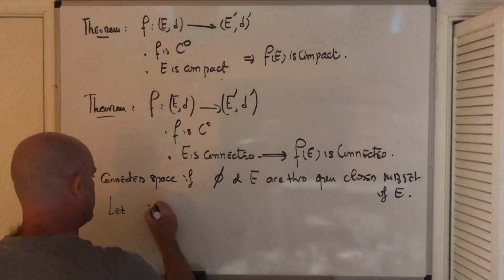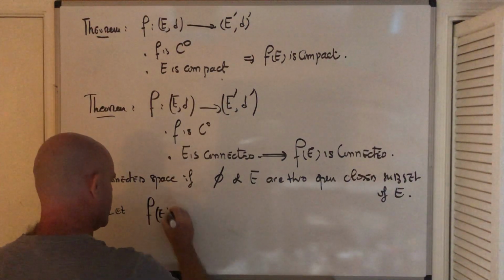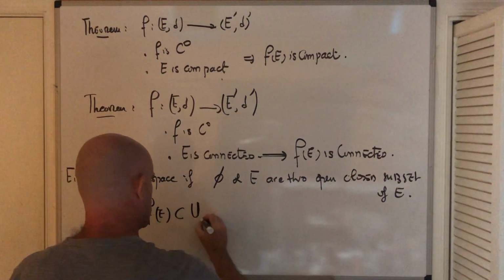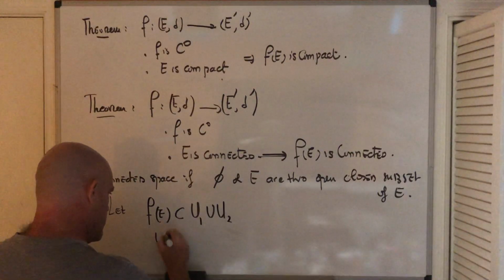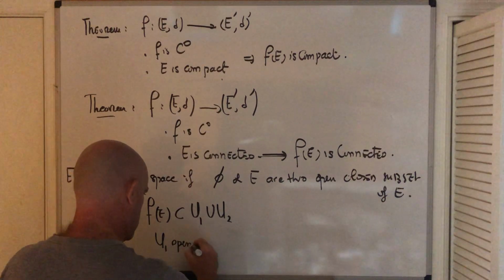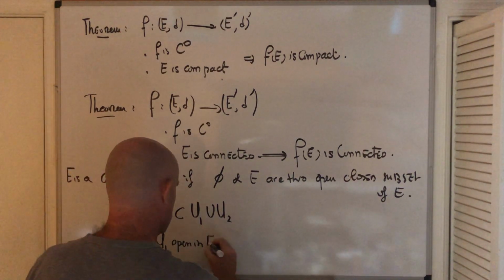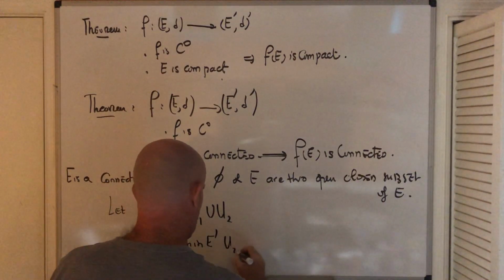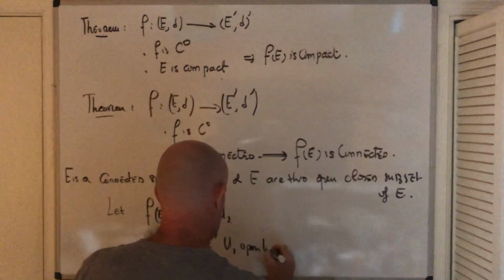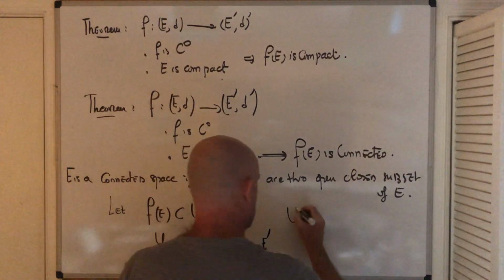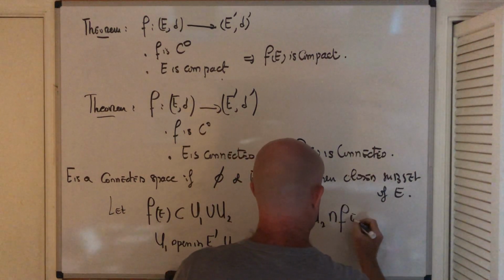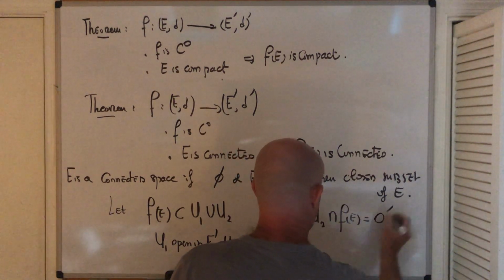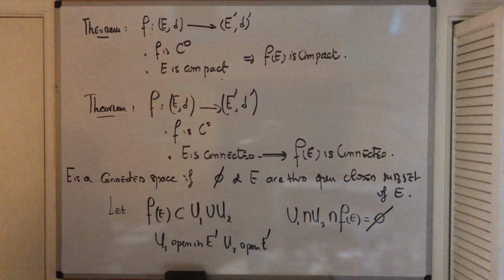So let f of E be covered by two open sets, U1 union U2, U1 open in E prime, U2 open in E prime, and I want U1 and U2 not to intersect in f of E. Well, that's my setting. All right, so what does it take?